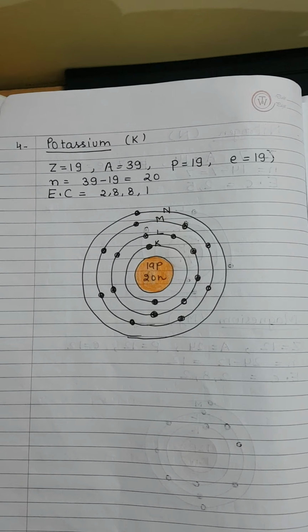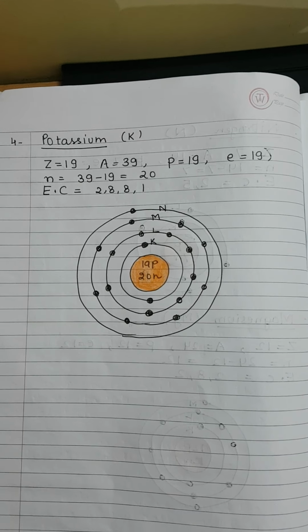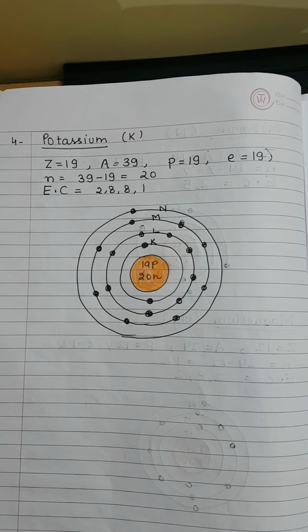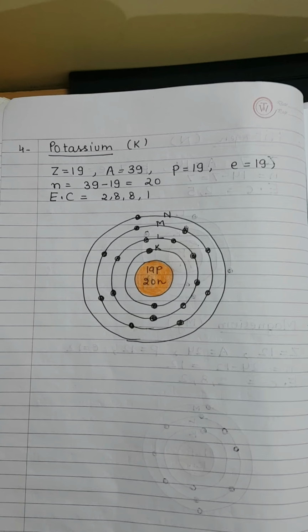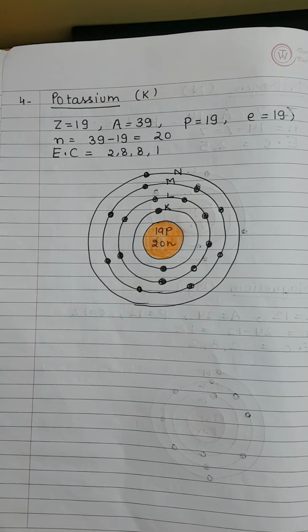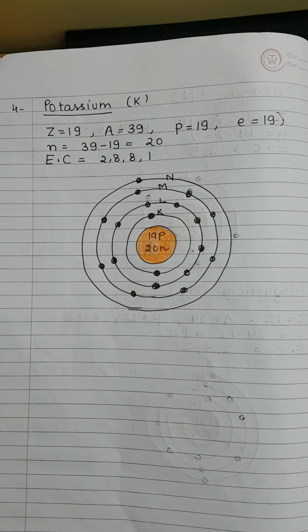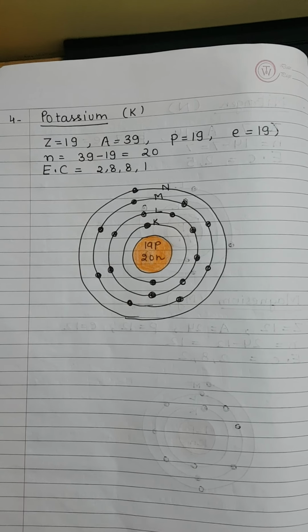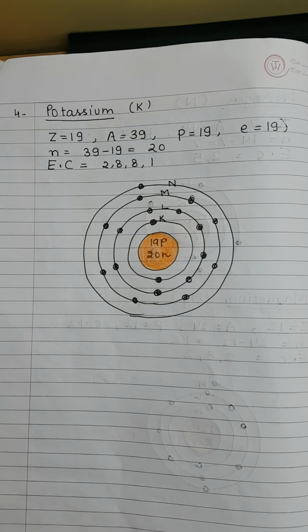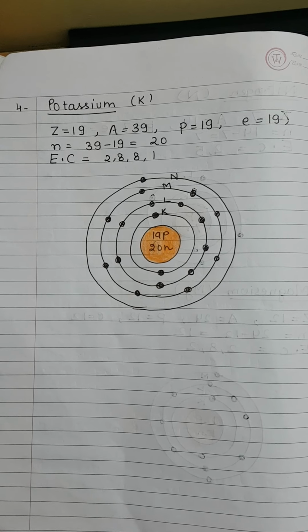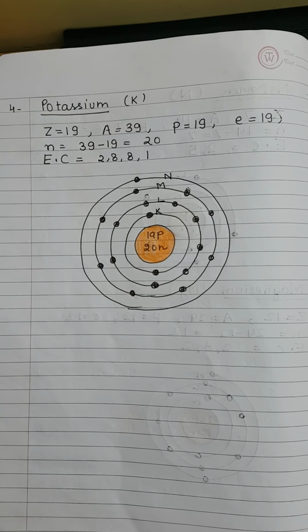Potassium, one more example, Z is 19, A is 39. That means protons and electrons are 19 and 19. Neutrons 39 minus 19, that means 20. So how many total shells are present? Atomic number 19 means 2, 8.